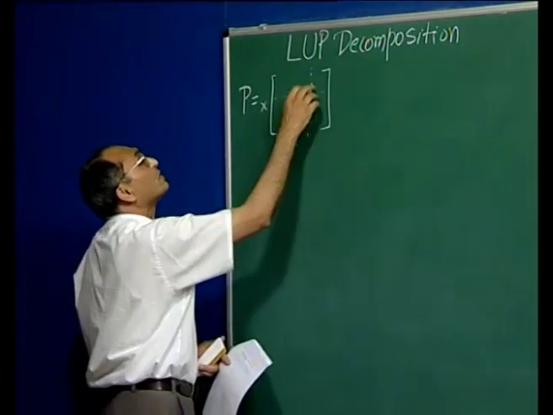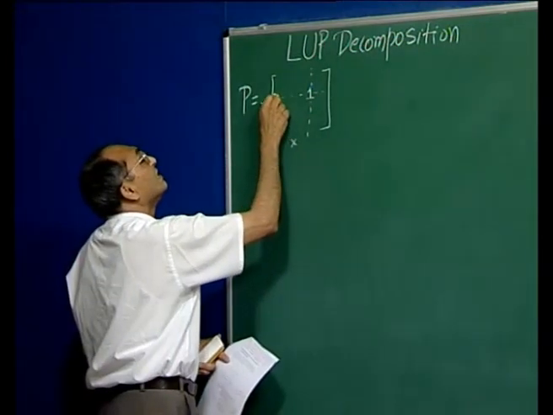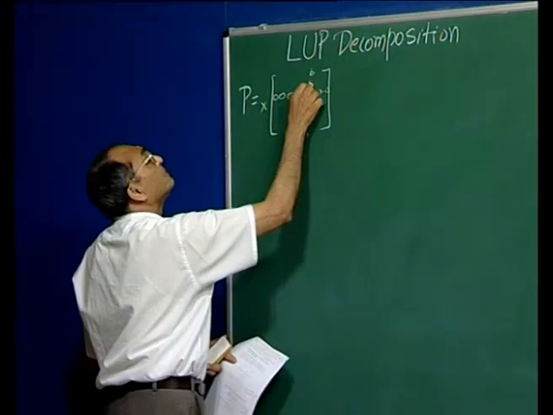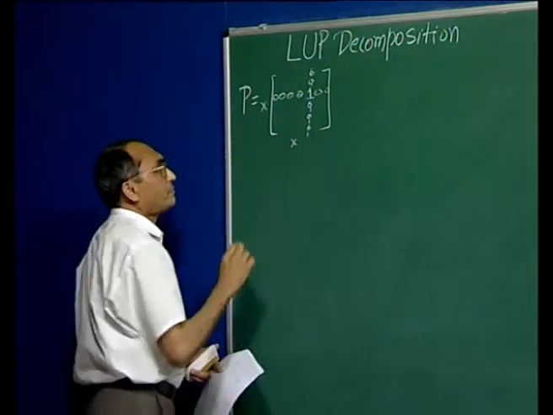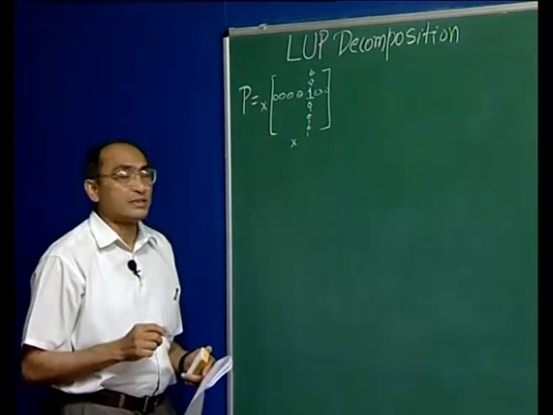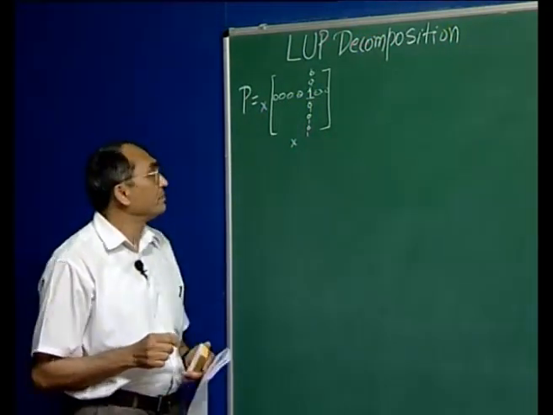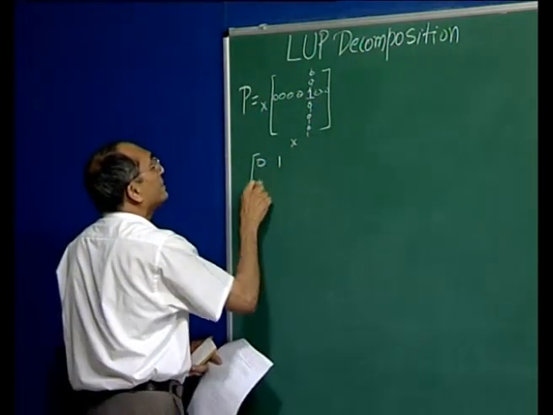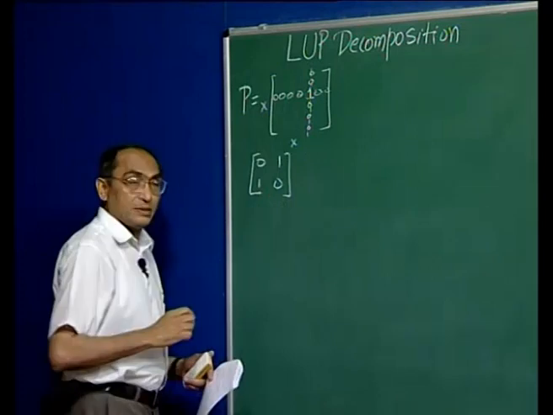So any given row and column has only one 1. The identity matrix is a permutation matrix. Similarly, in 2 by 2 this is a permutation matrix.